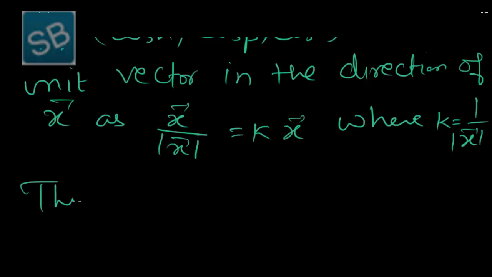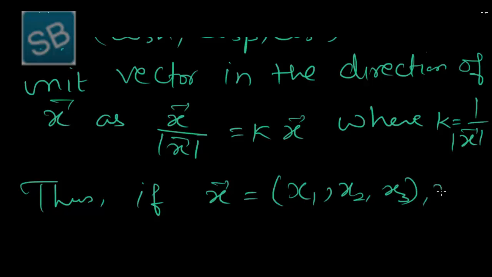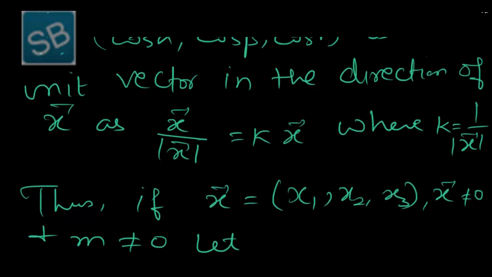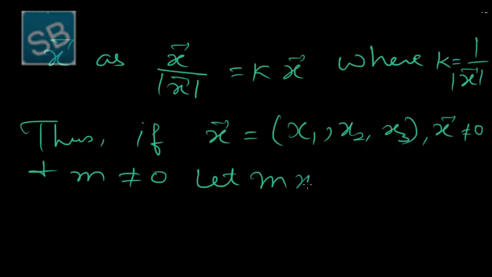Thus, if vector x is equal to x1, x2, x3 and vector x is non-zero and m is not equal to 0, let m times x be equal to mx1, mx2, mx3.